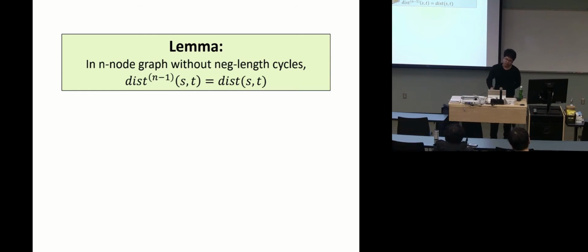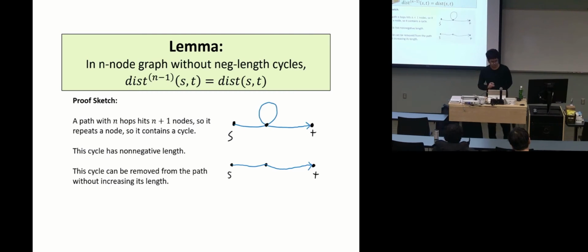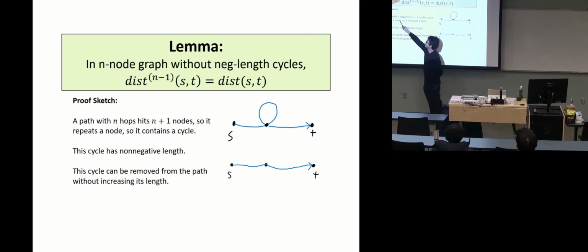And the argument is actually simple. Suppose there is some shortest path that has more than n-1 hops. So let's say it has n hops. If it has n hops, it must hit more than n nodes, so n plus 1, which means that it must repeat some node by the pigeonhole principle. But if it repeats a node, then it must contain a cycle like this.